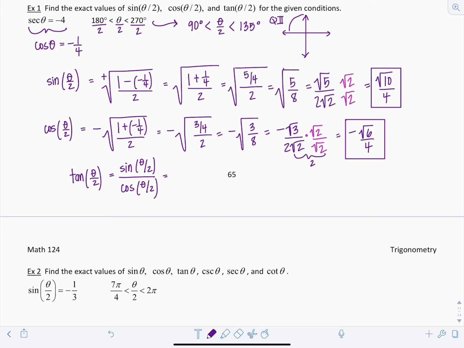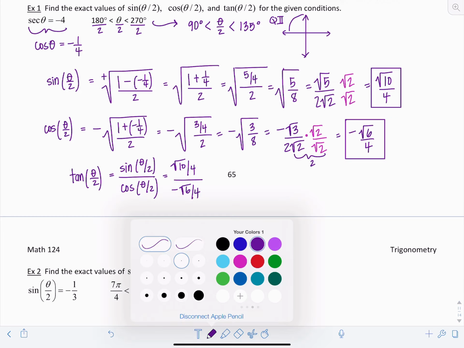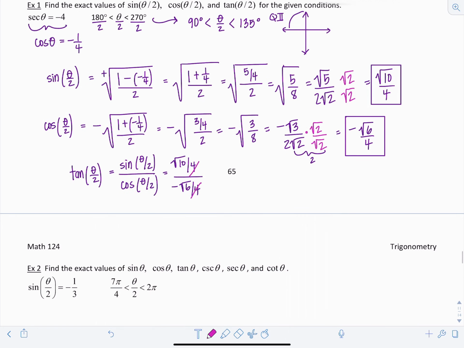So that's rad 10 over 4 over negative rad 6 over 4. The 4's cancel. And then this is going to give me rad 10 over rad 6, and it's negative. And then to simplify, let's see here.